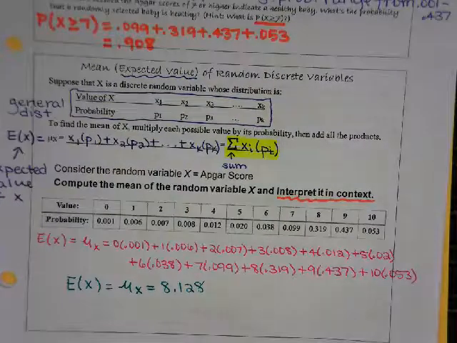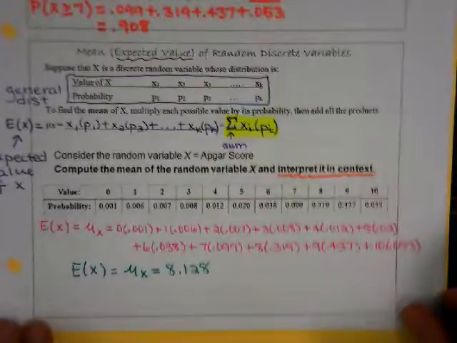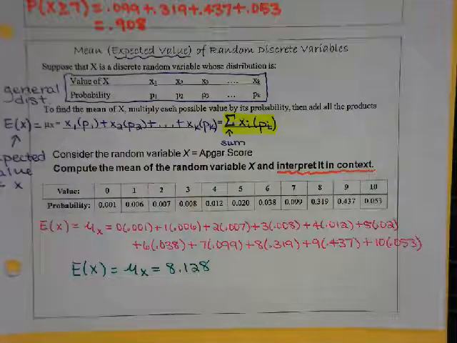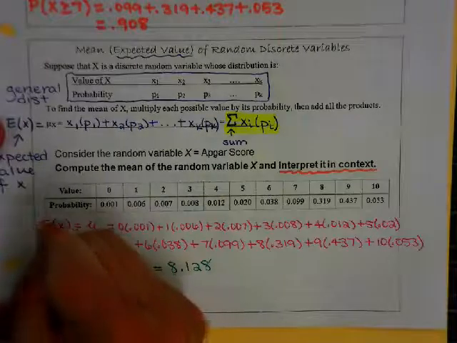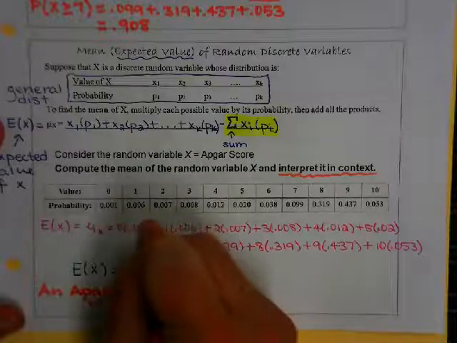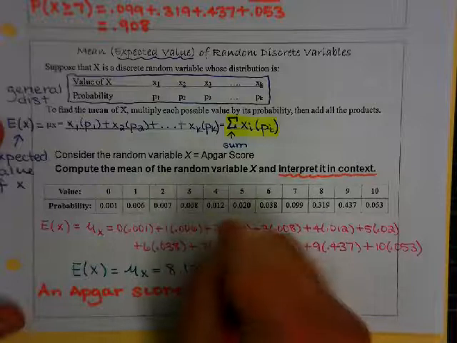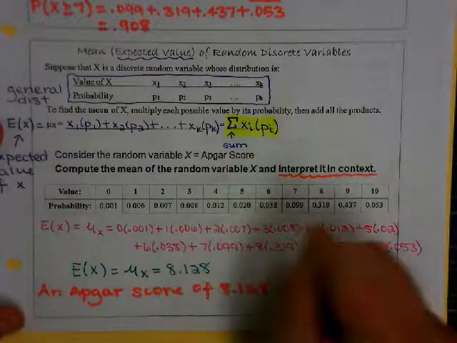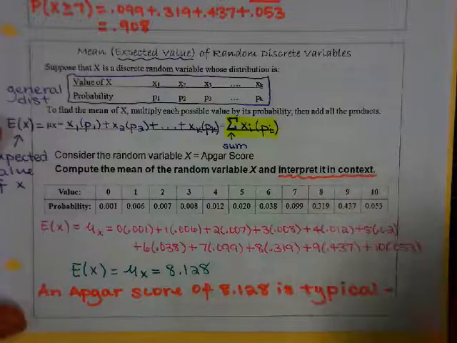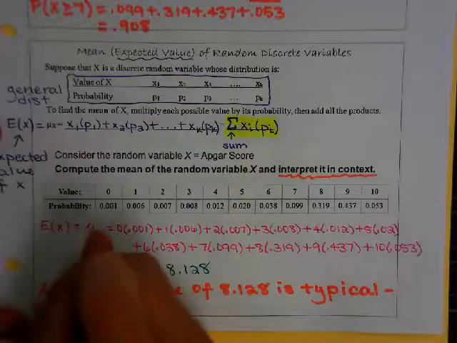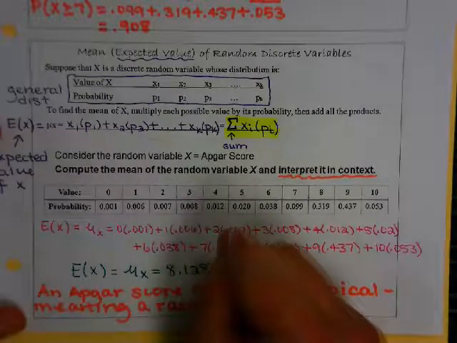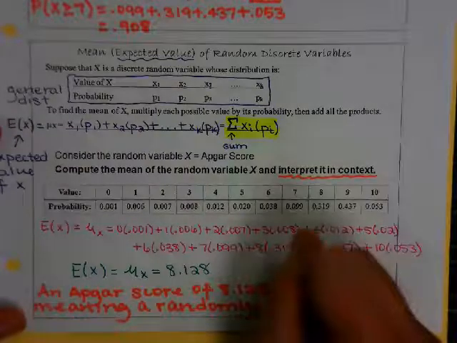So we would say something like an APGAR score of 8.128 is typical, meaning a randomly chosen baby would be considered healthy.